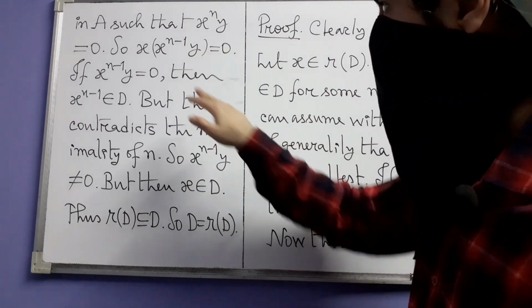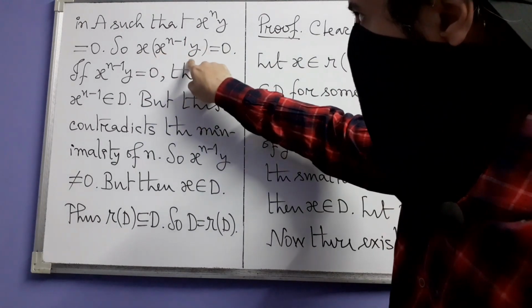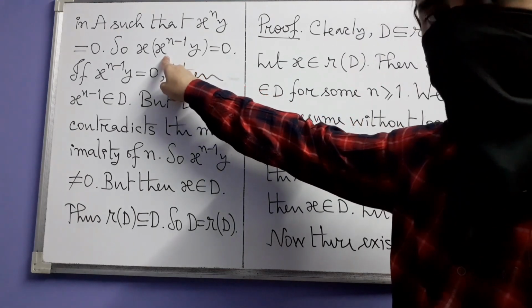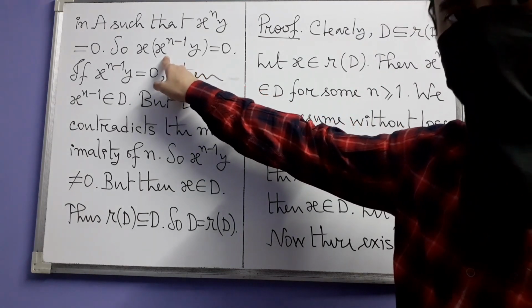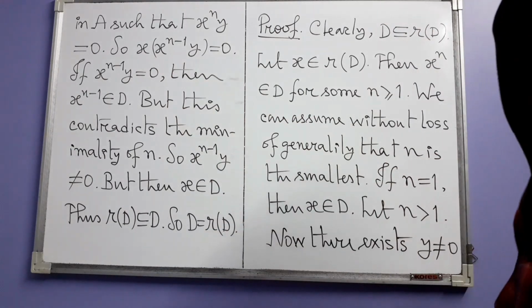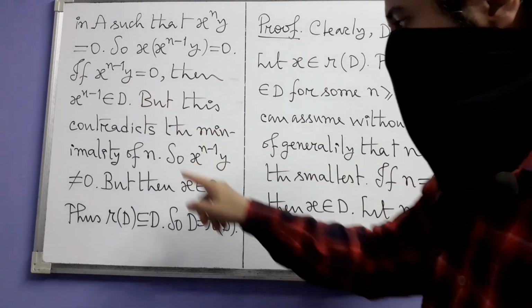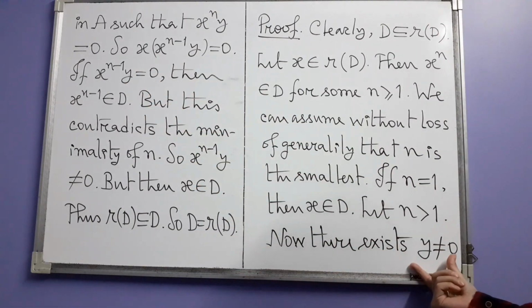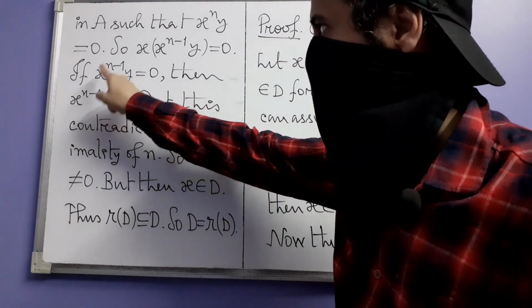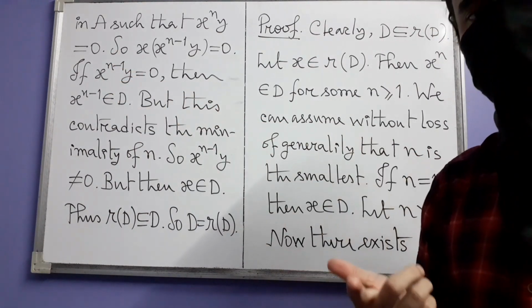Alright. Now, this quantity, this product inside brackets may or may not be 0. What happens if it is equal to 0? If this is equal to 0, then owing to the fact that y is a non-zero element in the ring, we get this, that x to the power n minus 1 is also a zero divisor.